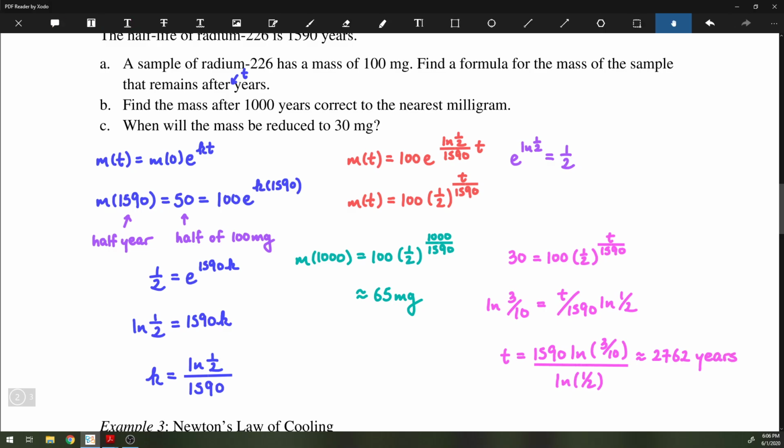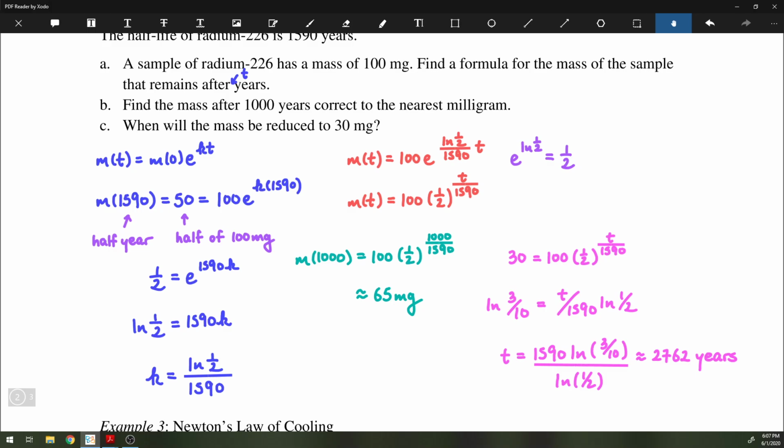Whenever you do this kind of question, it's always a good idea to think whether your answer makes sense. So 1,000 years, for example, is less than the half-life of 1,590 years. So you expect the 100 milligram sample to decay, but not quite reach 1/2, which is 50 milligrams. So 65, in that sense, seems reasonable. Likewise, 30 milligrams is past 50, so it would take longer than 1,590 years to reach that mass.